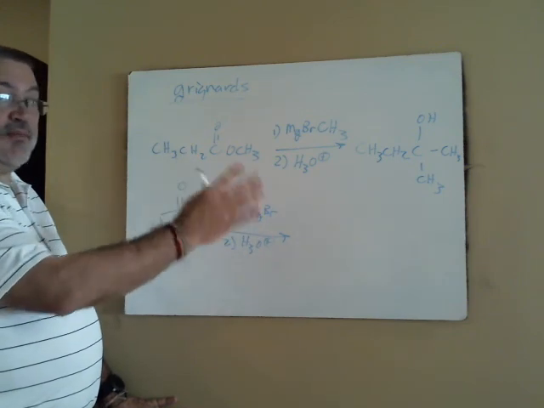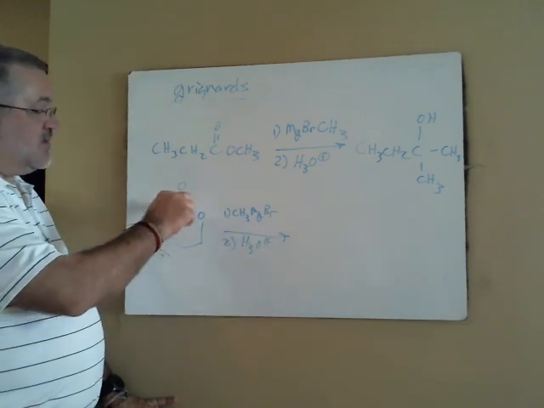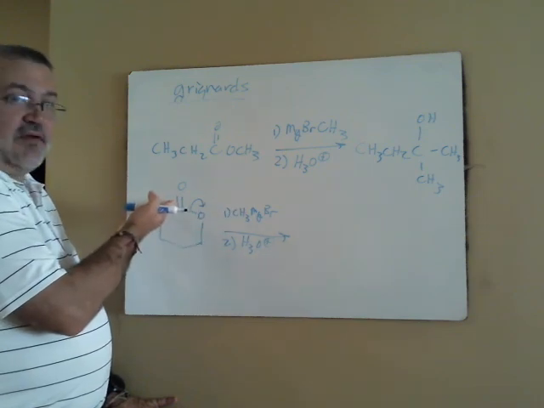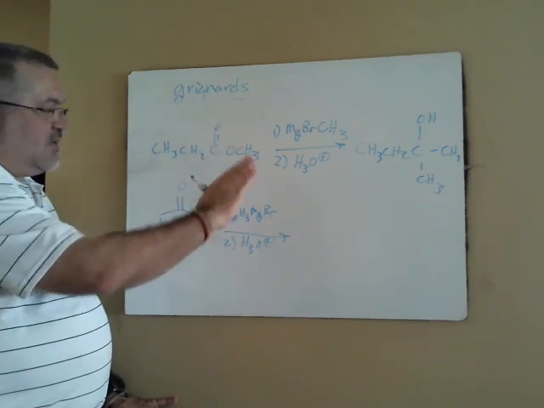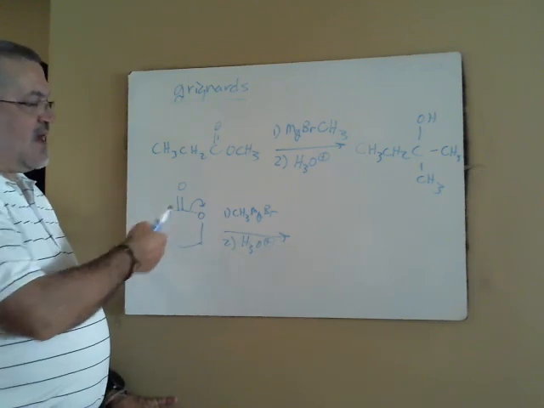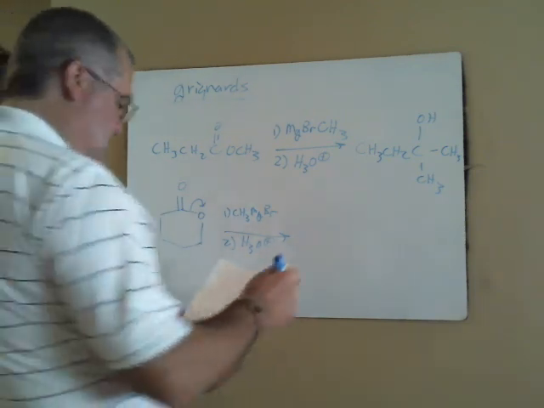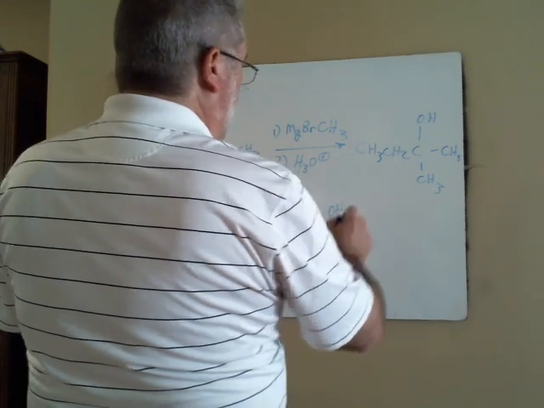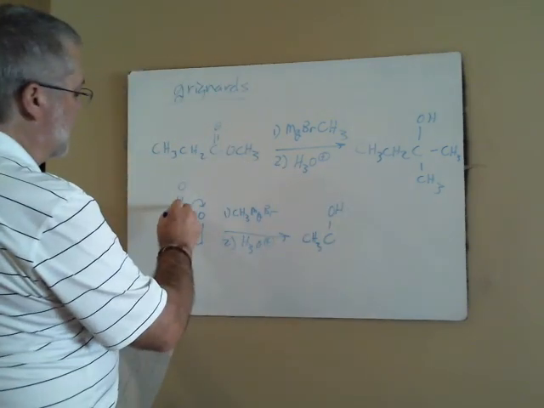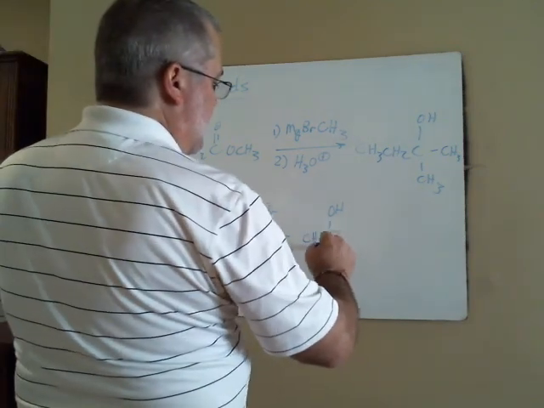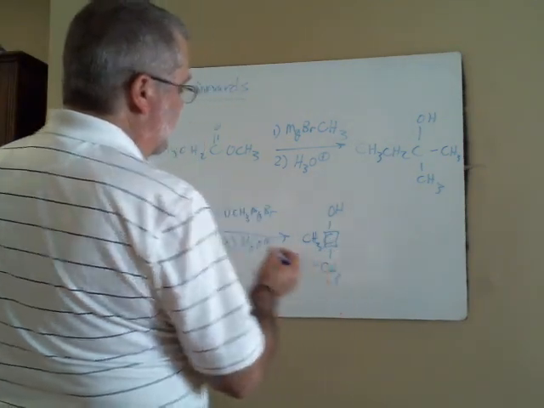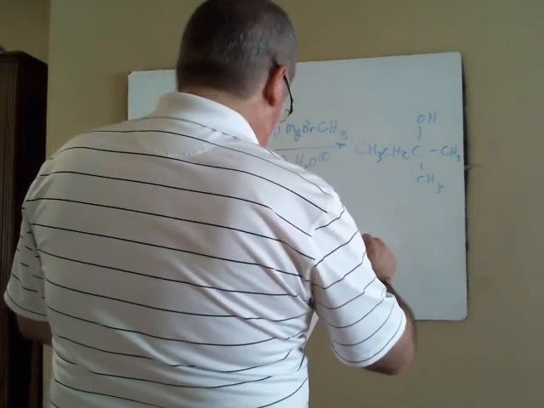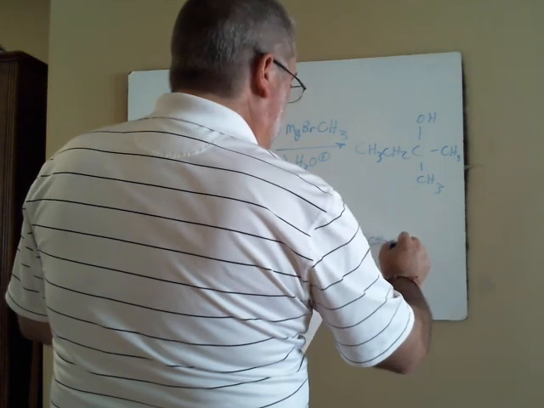So that's going to open up the ring because this is your leaving group. And then the ketone that forms, another equivalent of methyl adds, and so you end up, again, always with a tertiary alcohol. So here's what used to be the carbonyl carbon. So I'm going to put a little box on that. That's this one right here because 2 equivalents of Grignard have added to it. And then I have 1, 2, 3, 4.